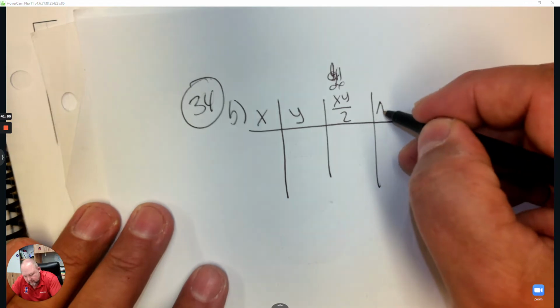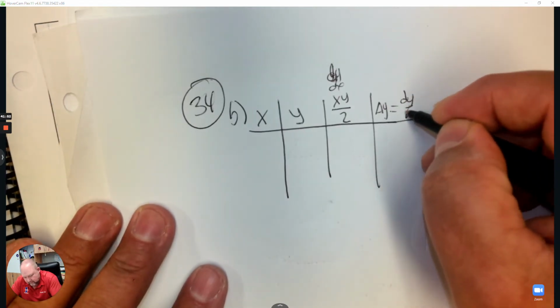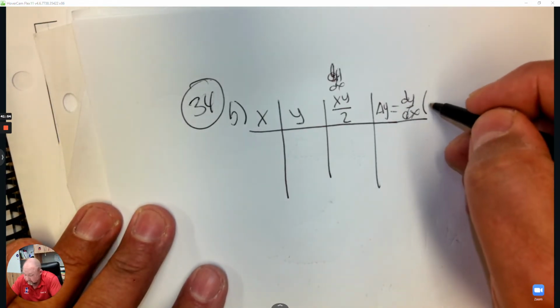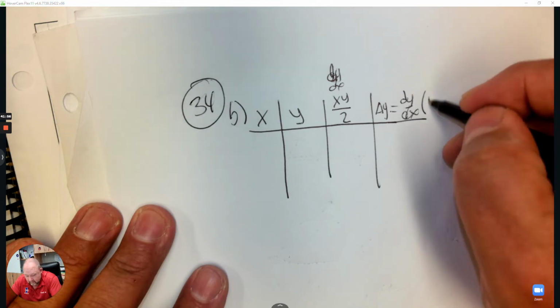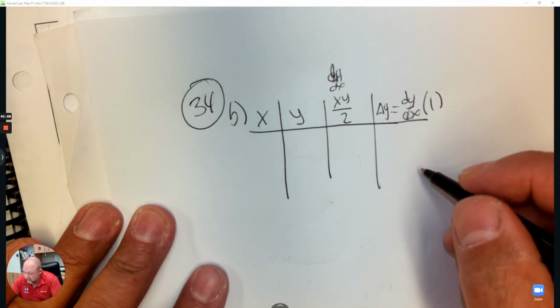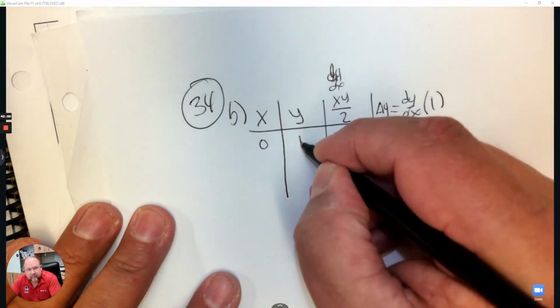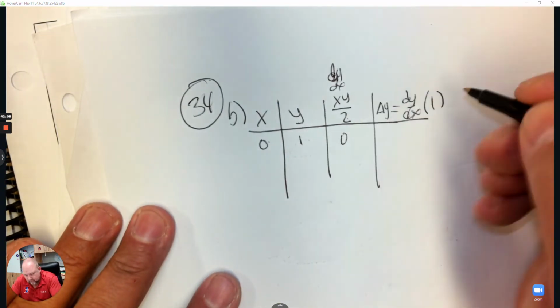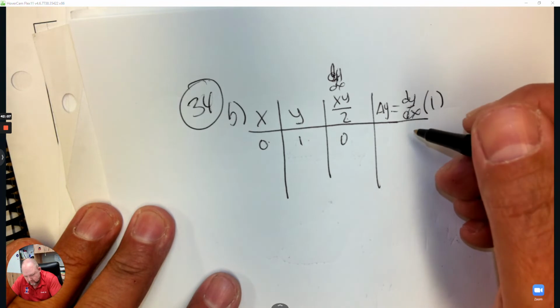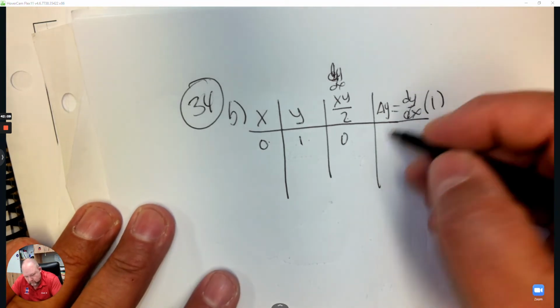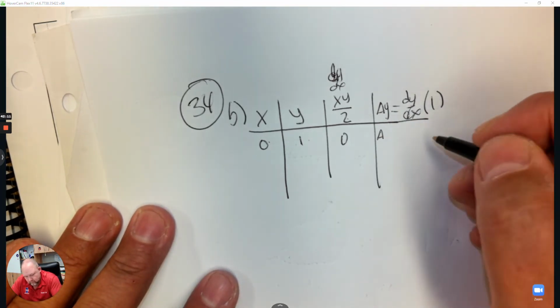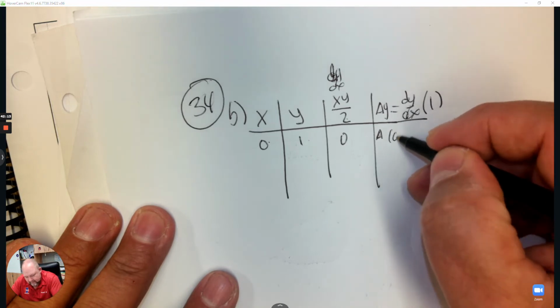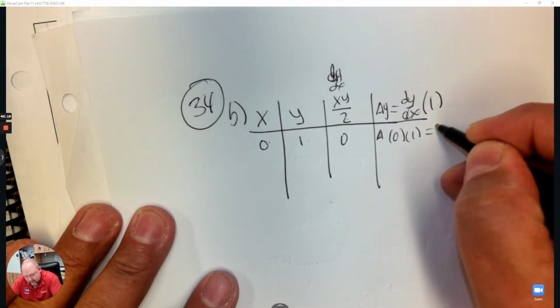And then the change in y is going to be the derivative times the change in x, which is 1. So it says start at 0, 1. If I go 0 times 1 divided by 2, the answer is 0. And then we have that times that. So that's going to give me 0.